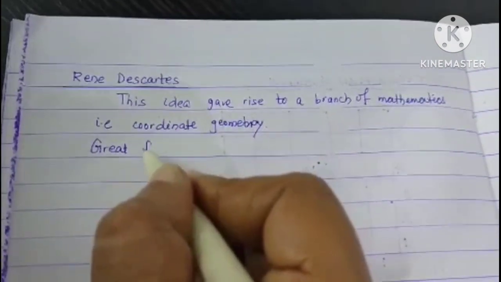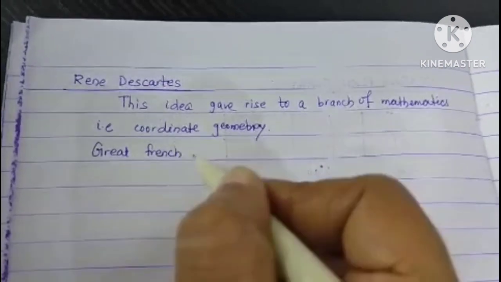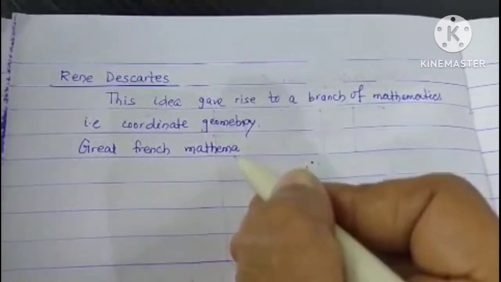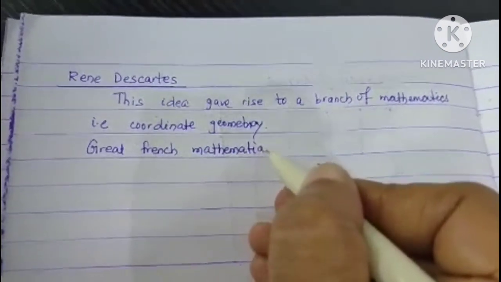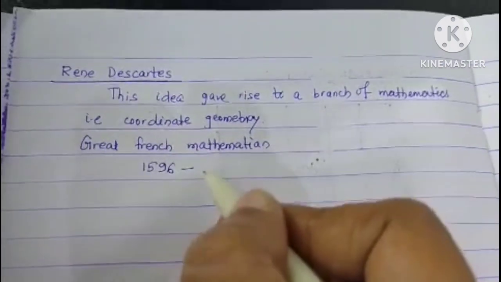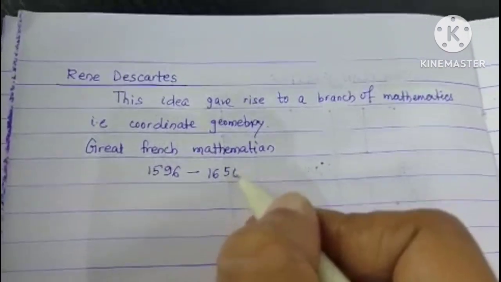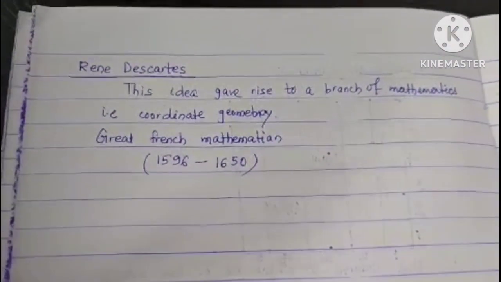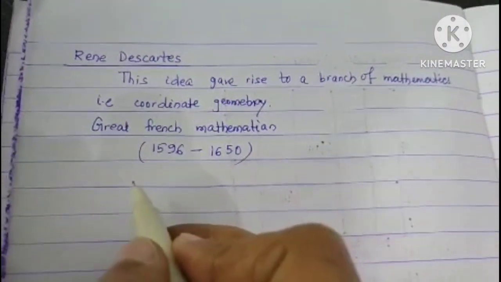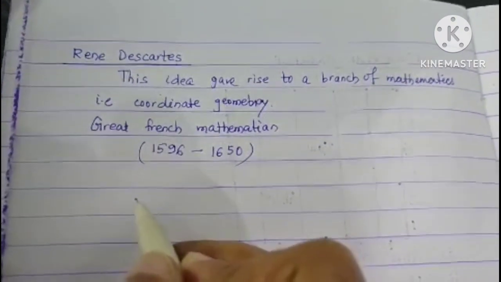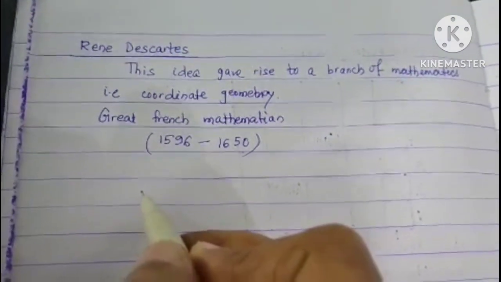He was a great French mathematician, and he was born in 1596. His tenure was until 1650. And one day while in his bed, he thought of these things. He basically solved the problem of the position of a point in a plane.